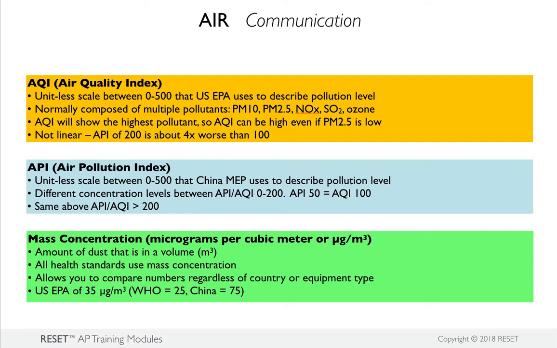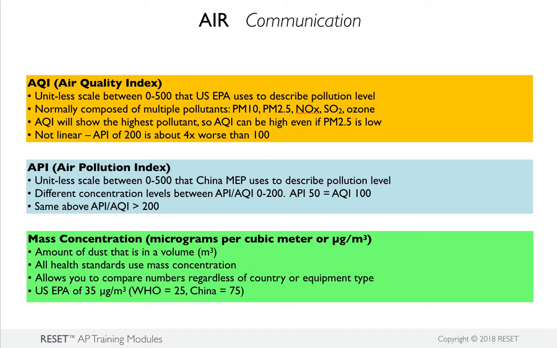So this is actually a little bit dangerous because it's not really giving you all the information that you might need. An API is a unitless scale that China uses. The Ministry of Environment uses it also to describe pollution levels, and it's different than the AQI that the EPA uses. So that adds another layer of confusion.